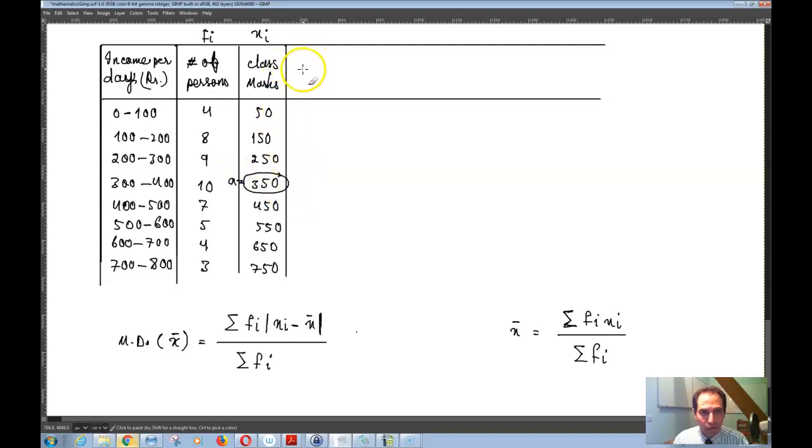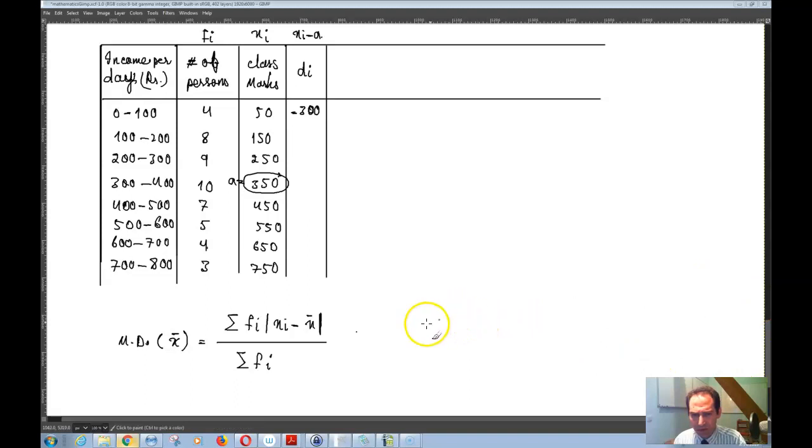Then I can write d of i as x of i minus A. In the assumed mean method, x bar is equal to A plus sigma f of i d of i divided by sigma f of i.